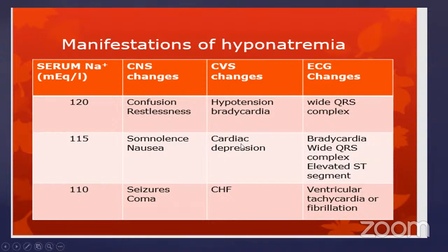It causes cardiac depression, bradycardia, wide QRS complex, and elevated ST segment changes can also be seen in ECG. If the serum sodium level is further less, at 110 milliequivalents per liter, the patient can present with seizures and coma, and cardiovascular changes are congestive heart failure, and ventricular tachycardia or fibrillation can be seen in ECG.